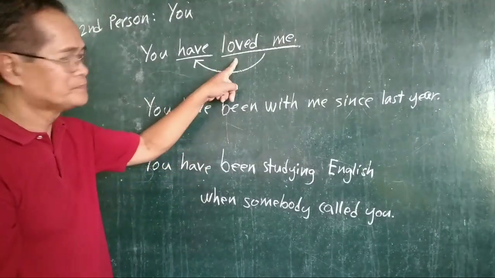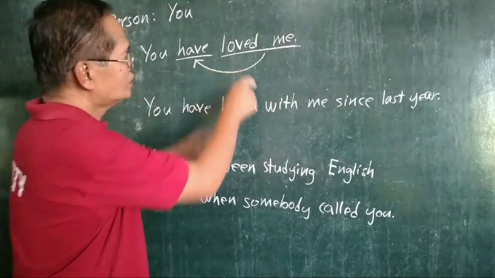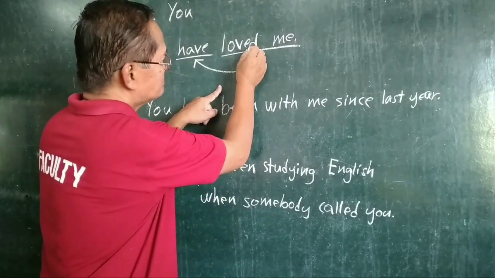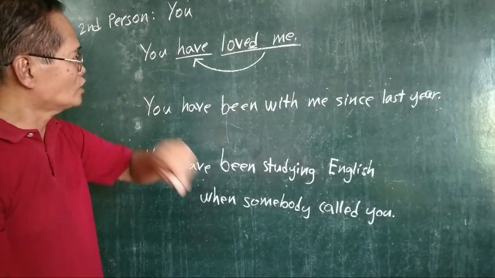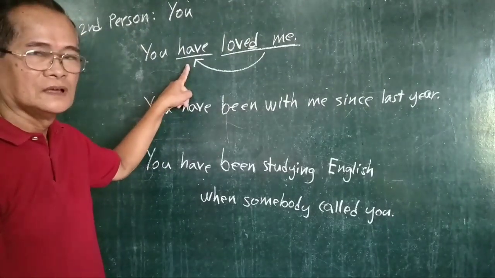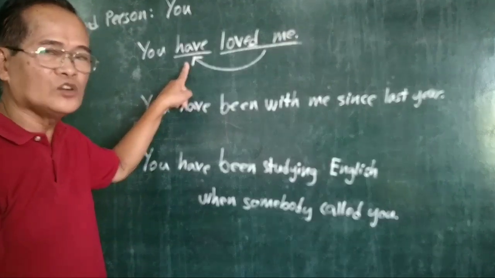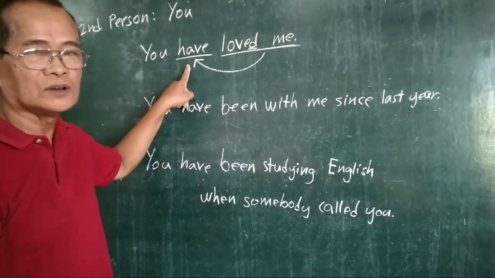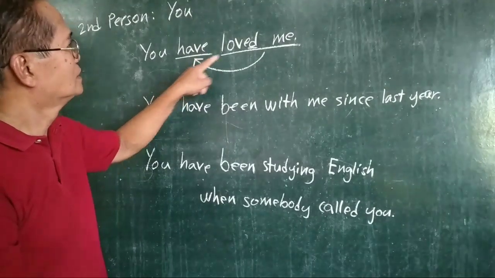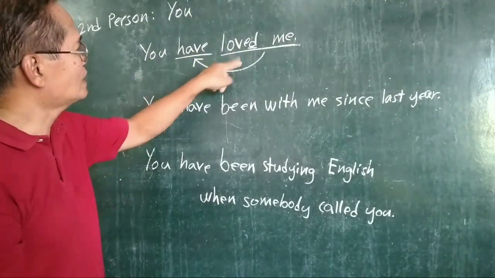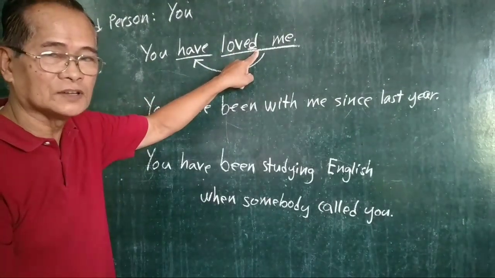Next. Oh, by the way, notice here, the use of loved is past tense. If you are going to use have, it should always be followed by a past participle. So here, you have, dapat past participle ito.